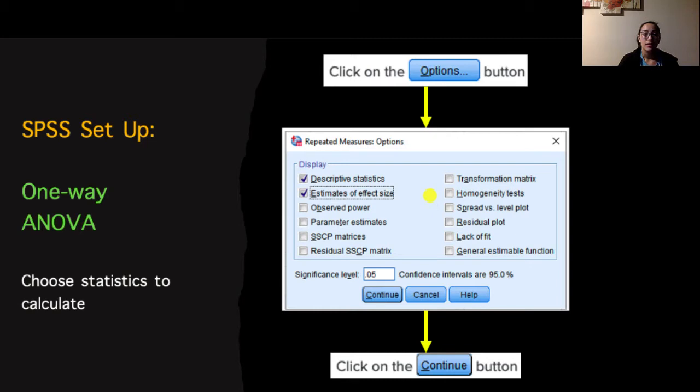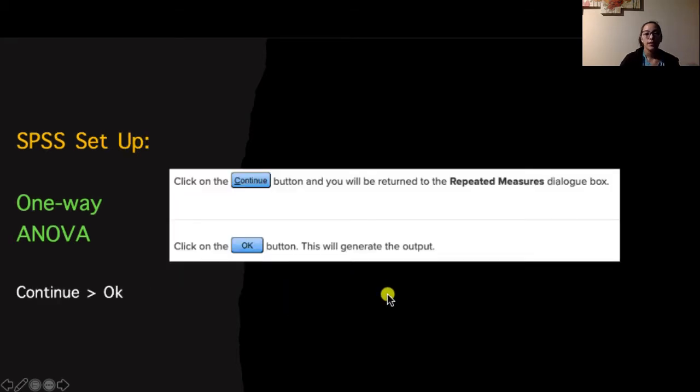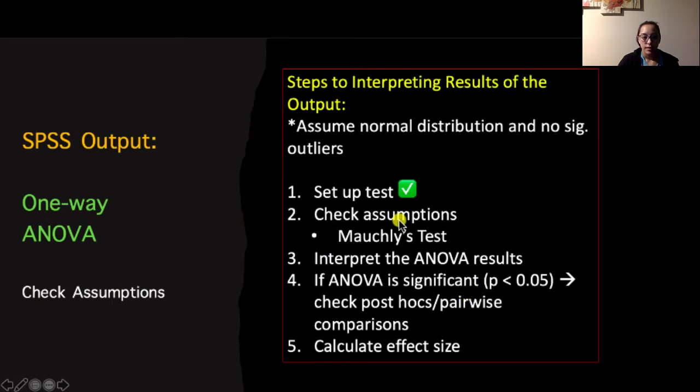Instead, we test sphericity, which is similar but definitely different, and that is already automatically included in the repeated measures analysis. So once we click these 2, we can click continue. That'll take us back to the repeated measures dialog box. We can click OK, and then we can generate our output. So test setup is done.